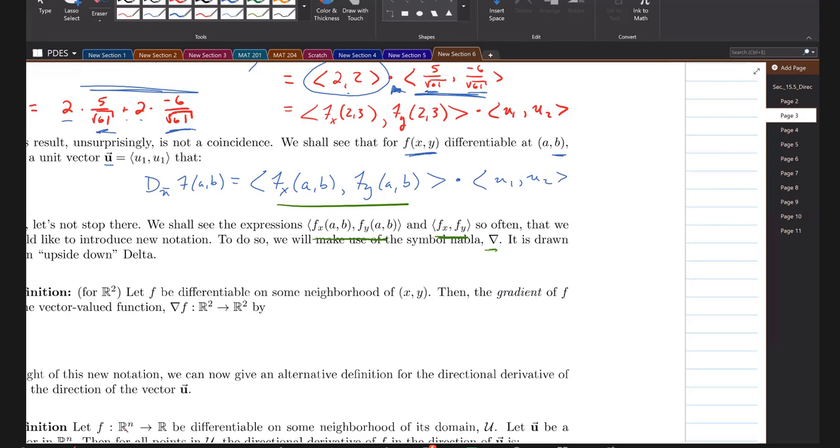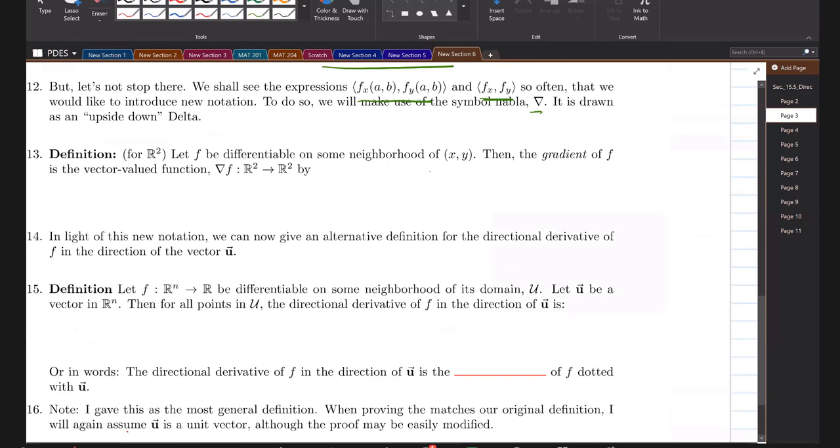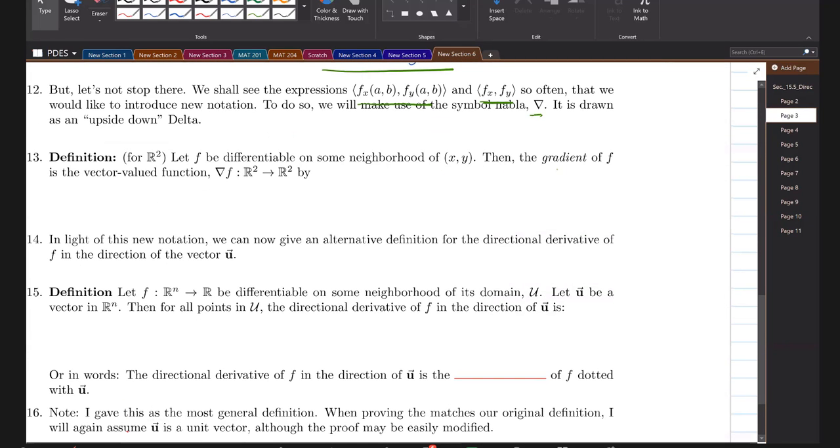And so we're going to use this thing so much we want to give it a formal name. So here we go. Given a function differentiable on some neighborhood, the gradient of f is the vector valued function defined by gradient of f equals partial f sub x of (x, y), comma, partial f sub y of (x, y).